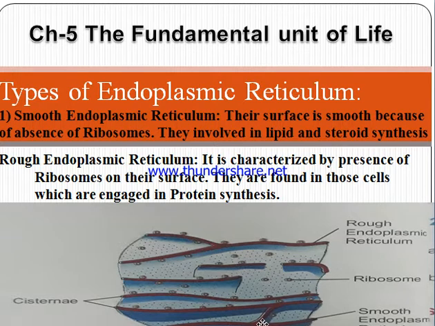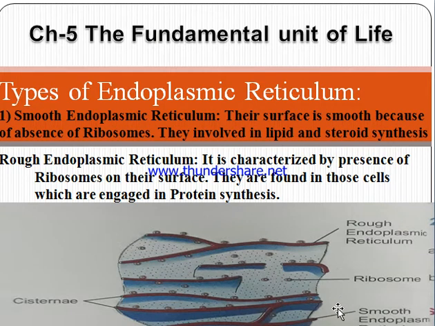And if no ribosome is present on this membrane, as you can see on the downside, then it is known as smooth endoplasmic reticulum.